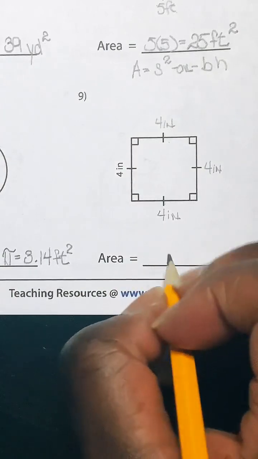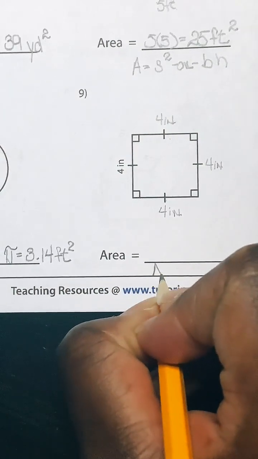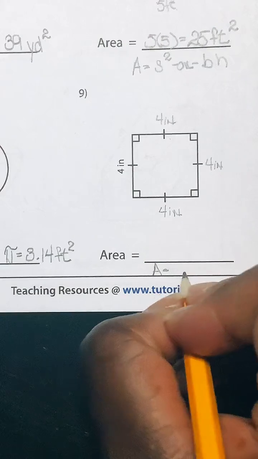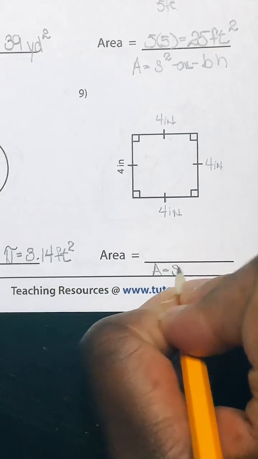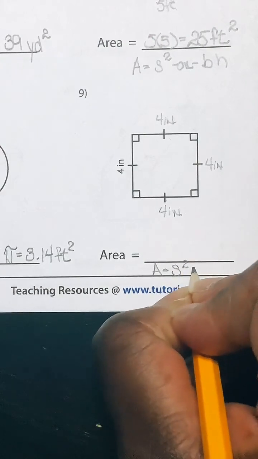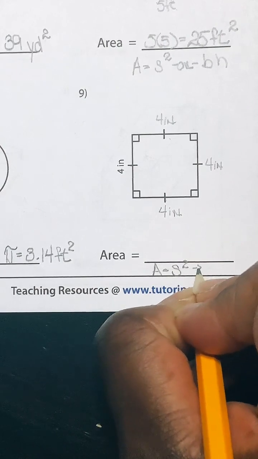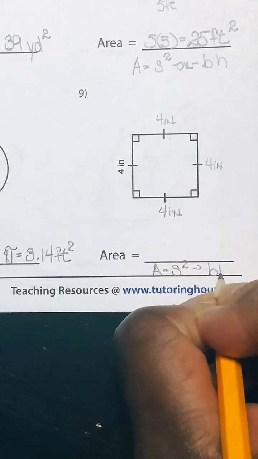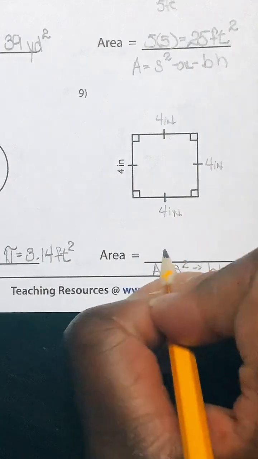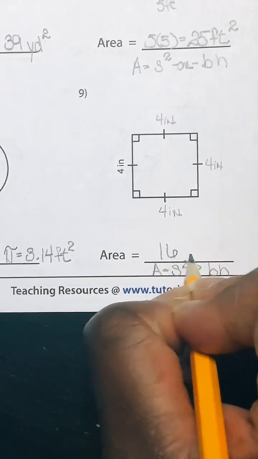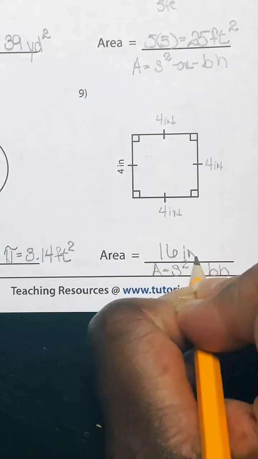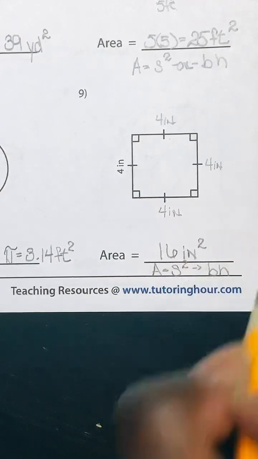Since we're finding the area, you can again do base times height, or whatever one of your sides is, you can square it. Either way, it will work. So 4 times 4 gives me the 16, and I bring down my inches squared.